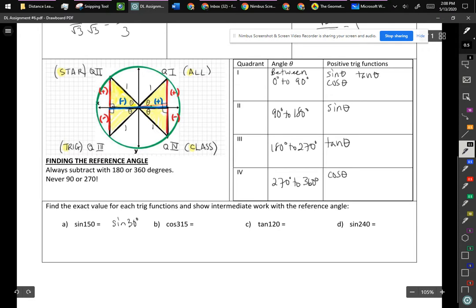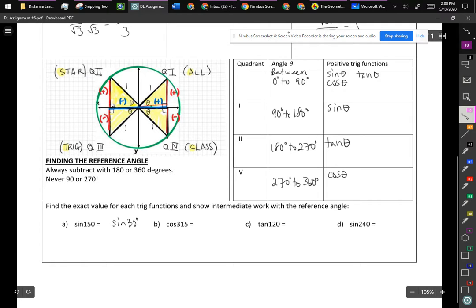So this is the work I want you to show me. The other thing is, notice we're in quadrant 2, 90 to 180. So even though we're saying it's a sine of 30, I want to make sure that when I'm in that quadrant, I understand what sign I'm going to be, because this triangle here and this triangle here, they're the same triangle.